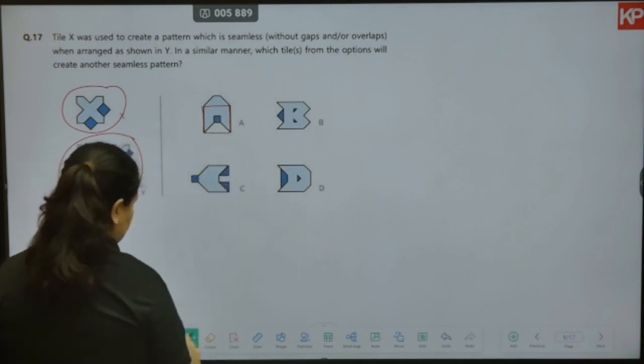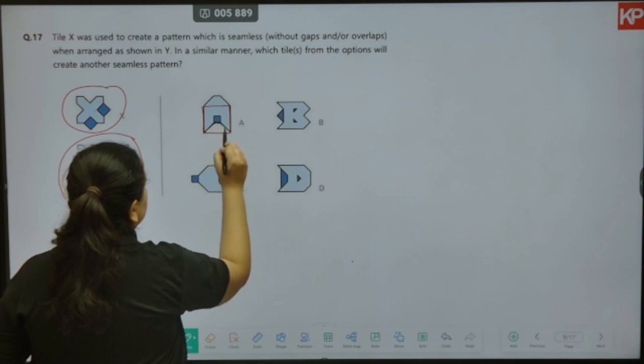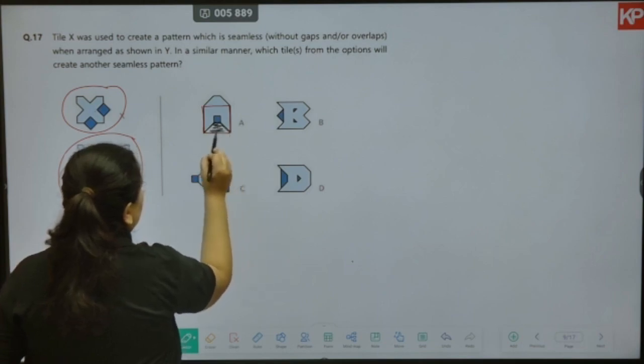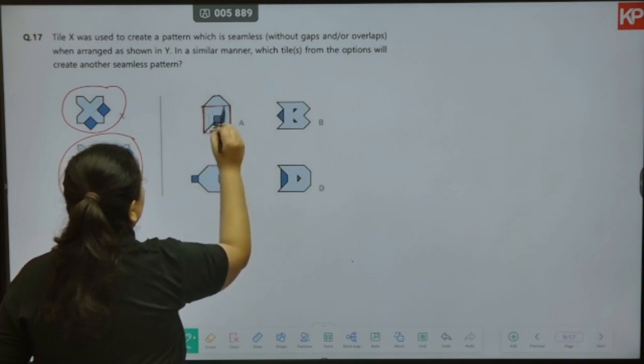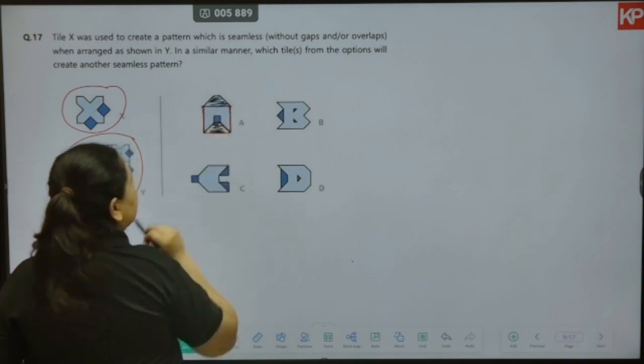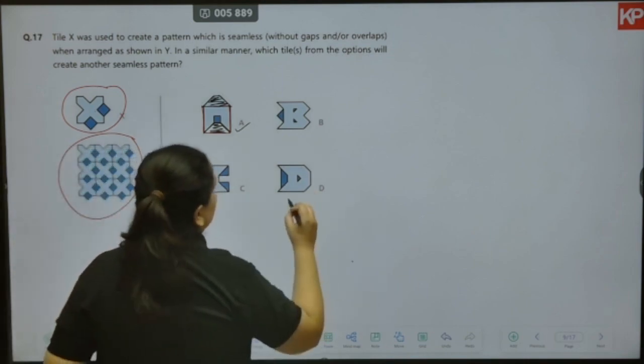Okay, now this shape is getting deducted from the square and the same shape is getting added to this square at the top. So we can say it is tessellating. Let's come to option number B.